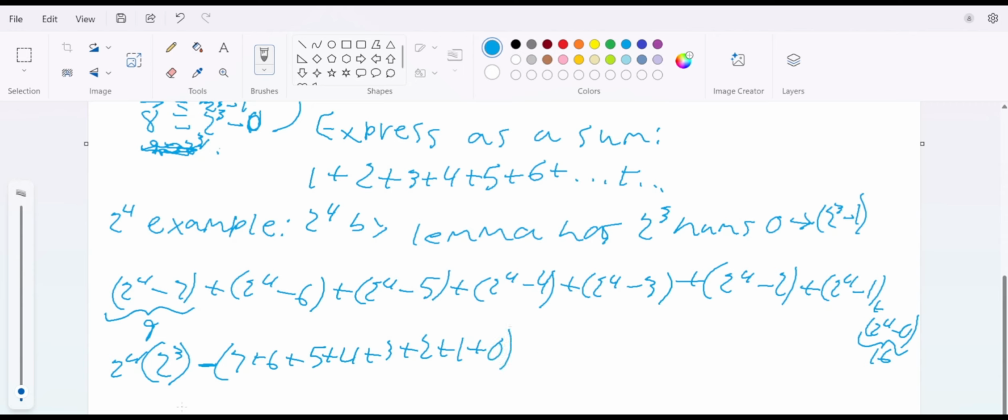Not that I need the 0, but okay. Cool. And then that's just the sum from 1 to 7. So 2 to the 4 times 2 to the third minus a sum from 1 to 7.